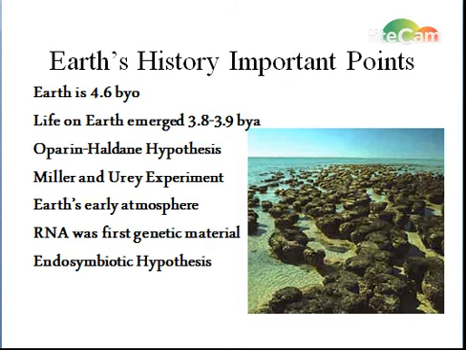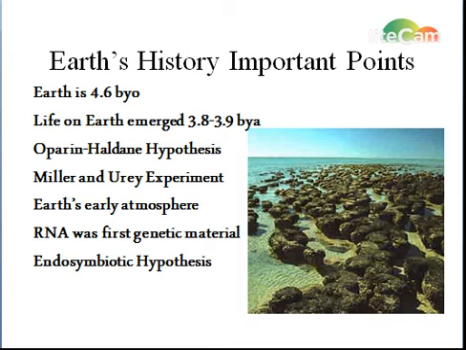The Oparin-Haldane hypothesis, take a look at that. Miller and Urey's experiment. Look into and study Earth's early atmosphere, what it was believed to consist of. And also, you should know that RNA was the first genetic material, at least that is the belief. It's called the RNA theory.